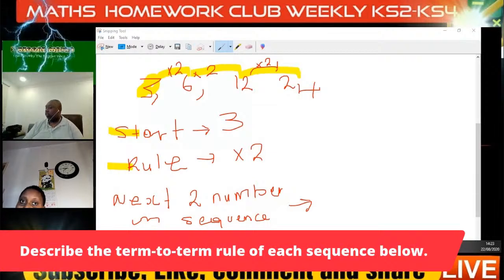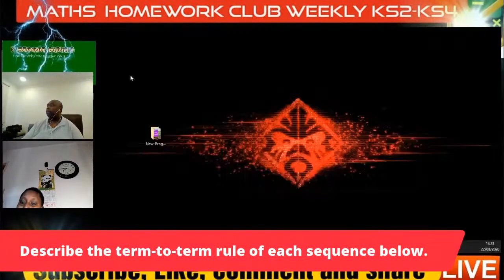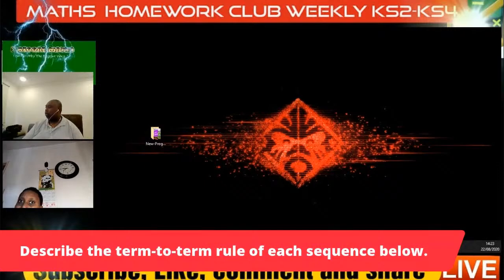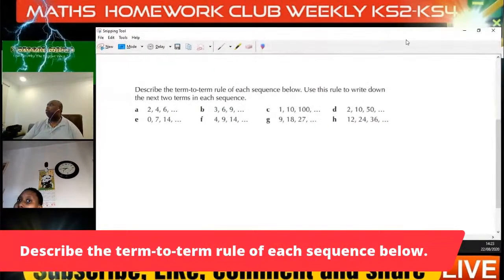Let's have a go at these first. So first of all, what you need to do is... here we go. Can you see what it says here? Describe the term-to-term rule of each sequence below.